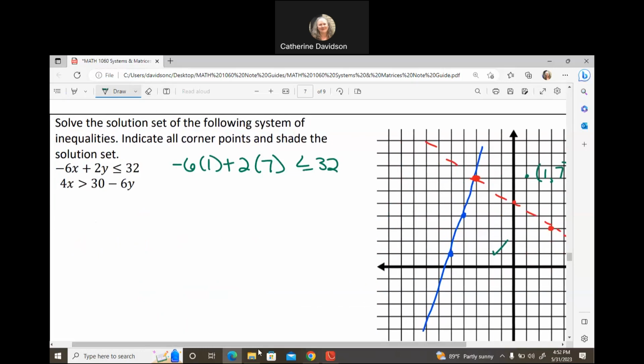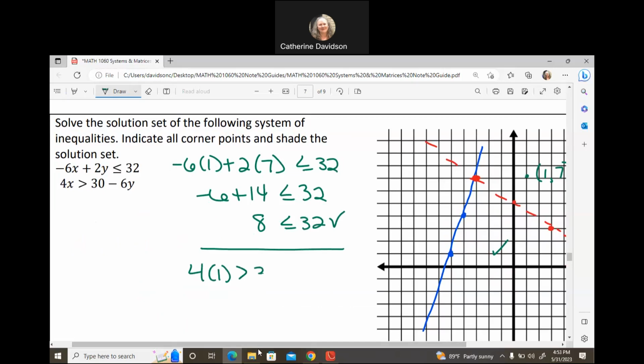Is that less than or equal to 32? So -6 plus 14. I'm feeling like it's 8. All right, so that's true. Let's see if the second one is true. So we have 1, and I'm plugging in a 7.